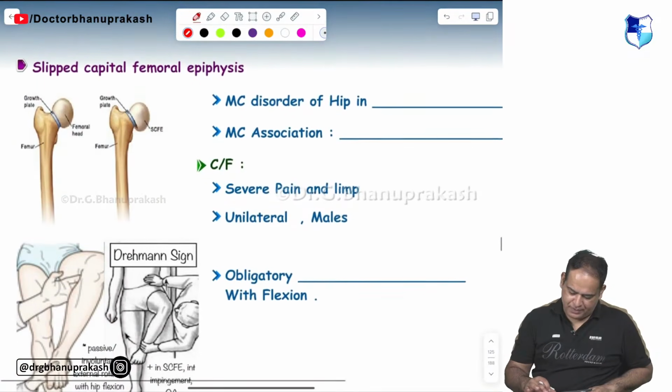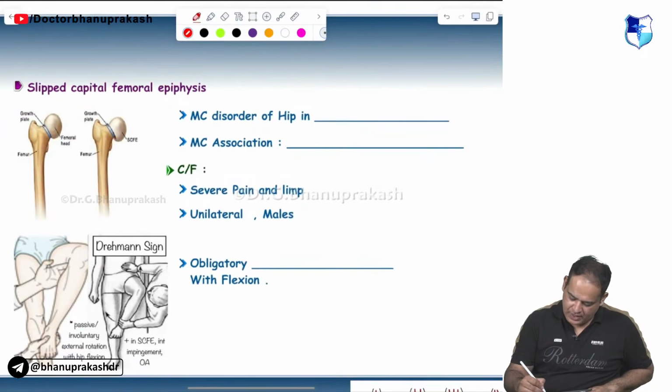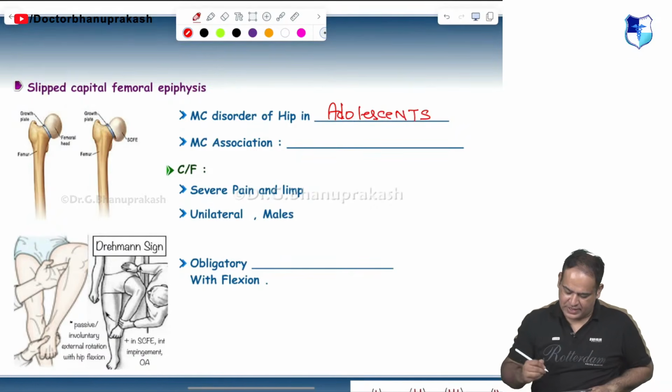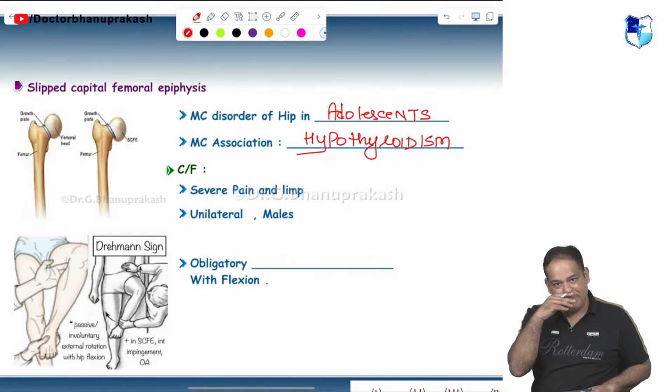Okay. Slipped capital femoral epiphysis. It is the most common disorder of the hip in adolescents. Most common association, hypothyroidism.